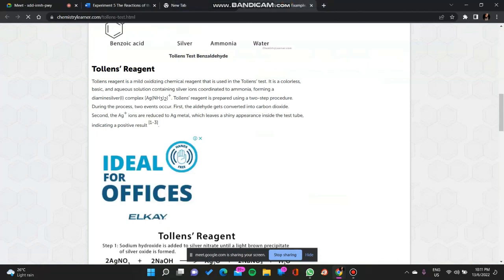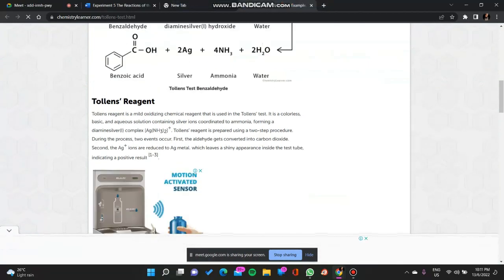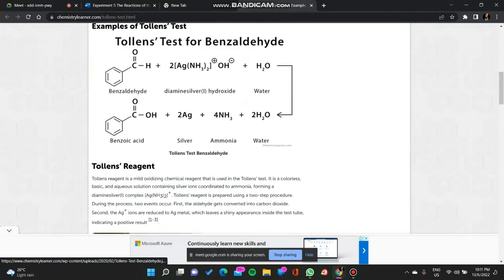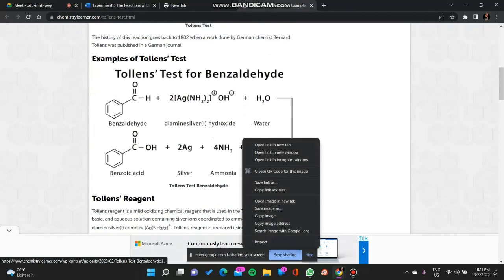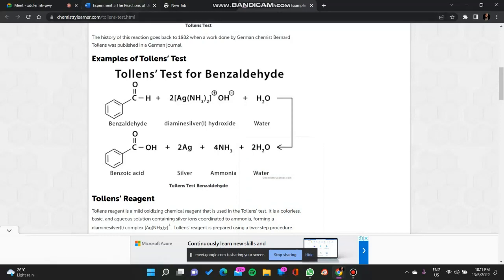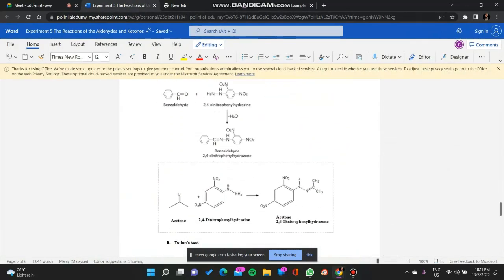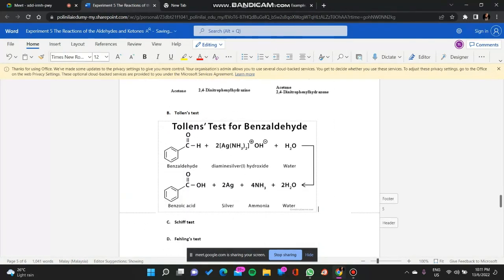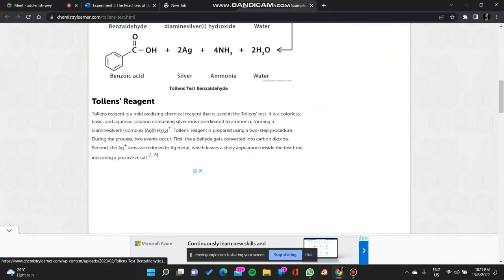So I also searched for what Tollens' reagent is and the Tollens' equation. It's not the structure, it's the equation. I'm going to copy this image over here. So here is the basic information about Tollens' reagent. It is an oxidizing chemical reagent used in the Tollens' test.